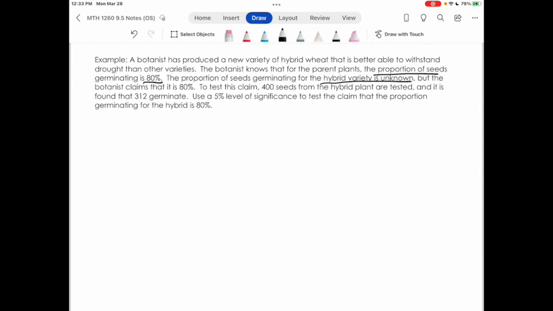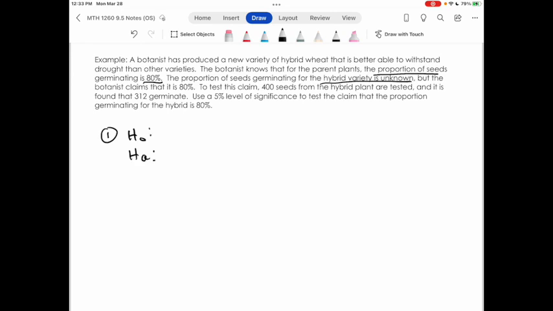To test this claim, 400 seeds from the hybrid plant are tested, and it is found that 312 germinate. Use a 5% level of significance to test the claim that the proportion germinating for the hybrid is 80%.